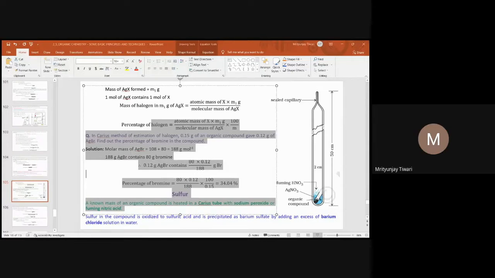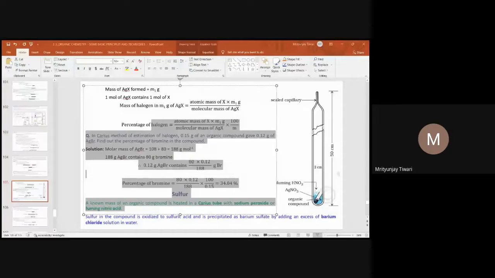So one can calculate the percentage of phosphorus as follows. 1 gram of ammonium phosphomolybdate will contain 31 divided by 1877 grams. If M1 is the mass of the ammonium phosphomolybdate that is formed, the total mass of phosphorus present will be 31 divided by 1877 into M1.